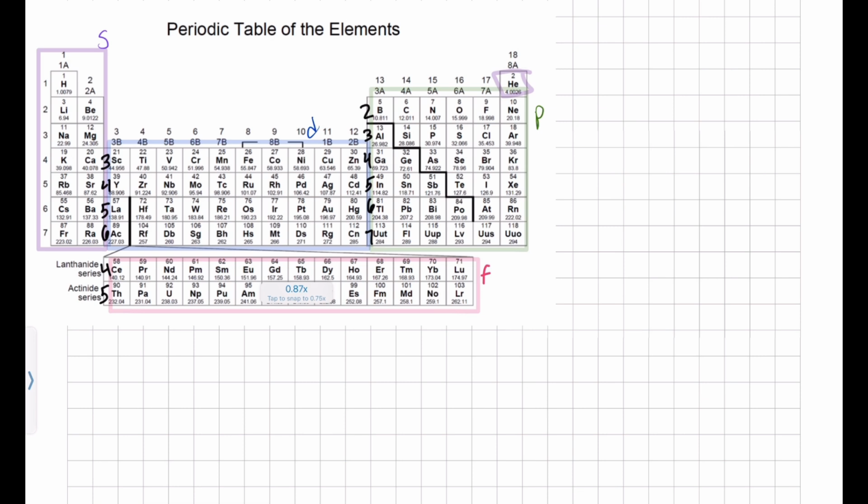Okay, what if we want to write the electron configuration for an atom that's in the f orbital, like Nd? I'm going to start like always with 1s2, 2s2, 2p6, and keep going until I get to 6s2.